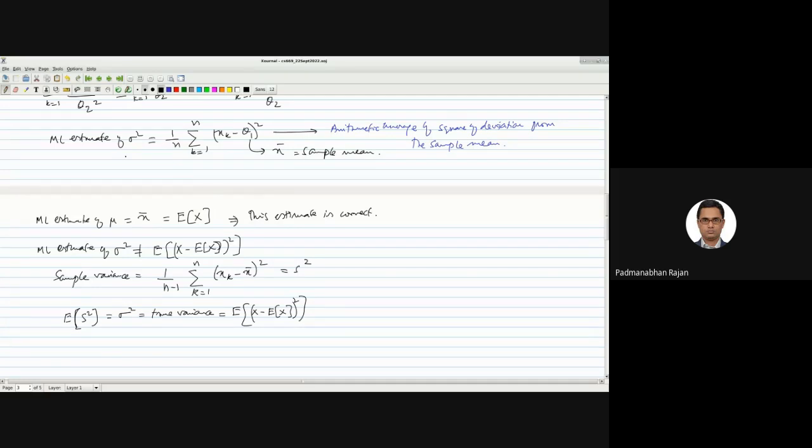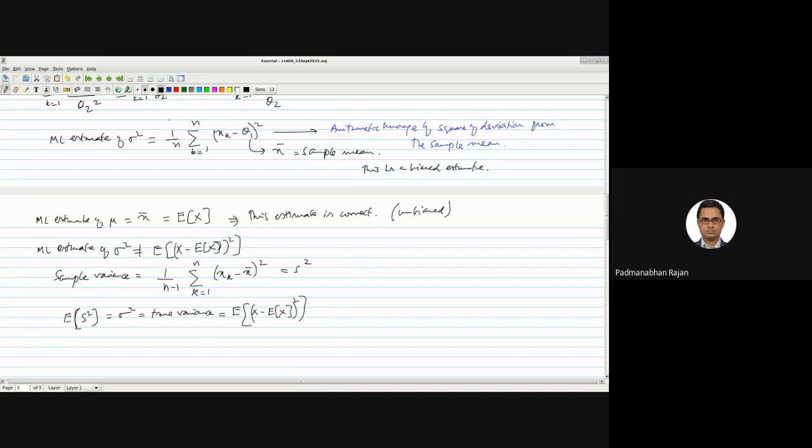Keep that in mind. So this is a biased estimate, whereas the ML estimate for the mean is unbiased. Okay, just keep that in mind.